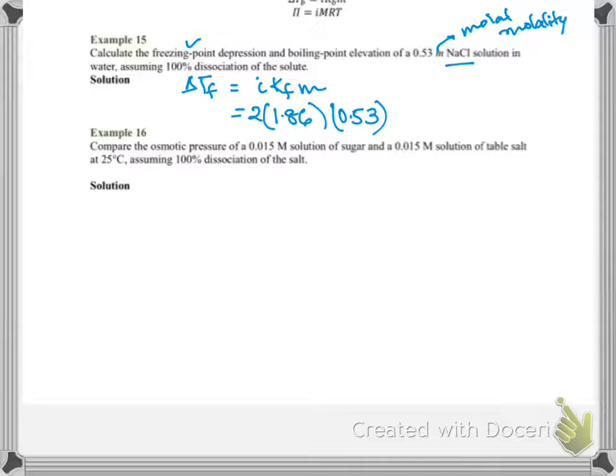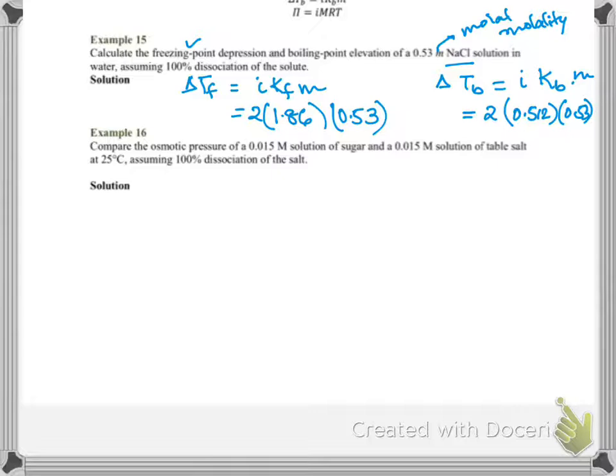And if you have to calculate delta TB, again the formula is i Kb m. The only thing changing is Kb. Kb is the boiling point elevation constant. It is 0.512 and this value 0.53 is molality.